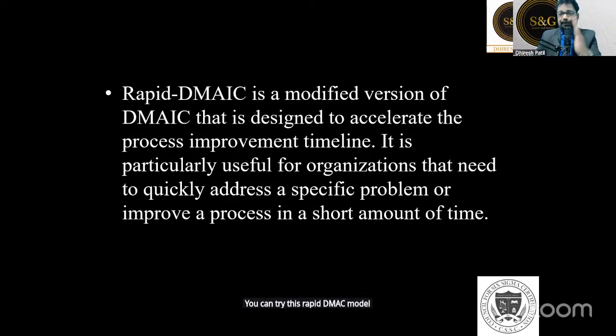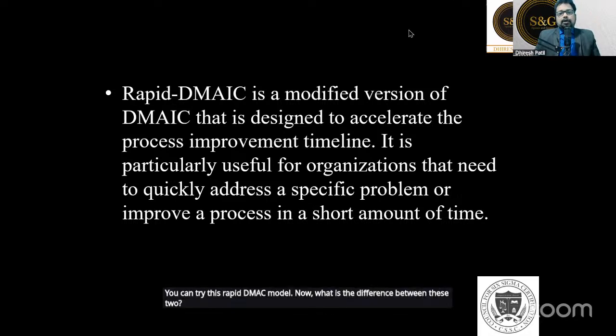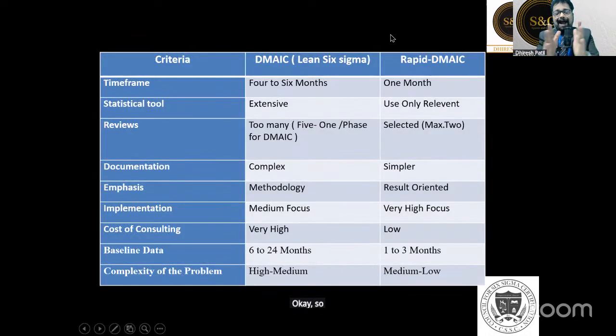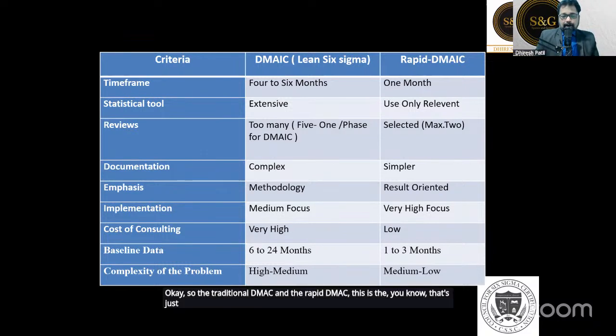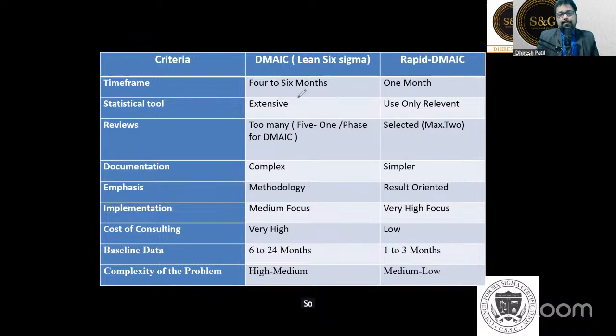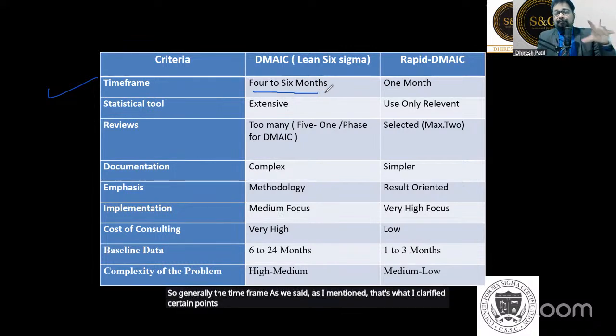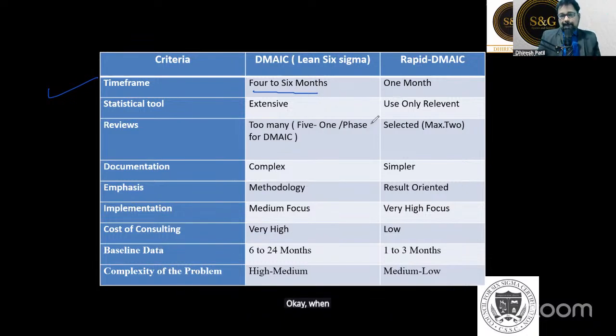Now, what is the difference between traditional DMAIC and rapid DMAIC? This is just a differentiation between these two models. The traditional time frame of a DMAIC project is around 3 to 6 or 4 to 6 months when it comes to green belt and black belt level.